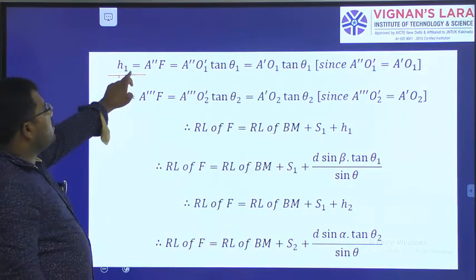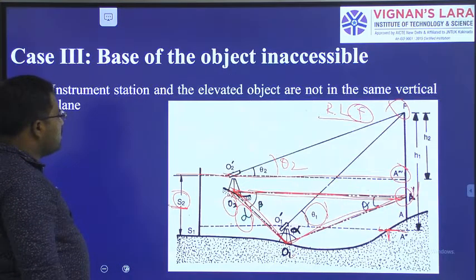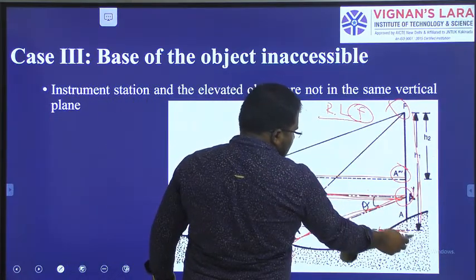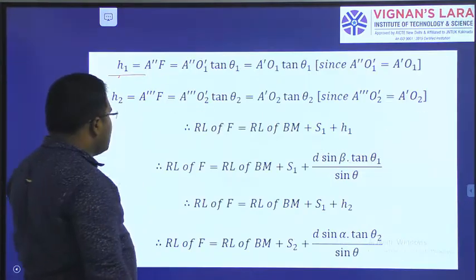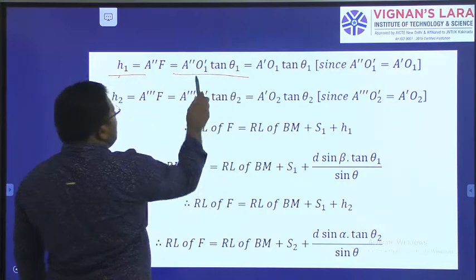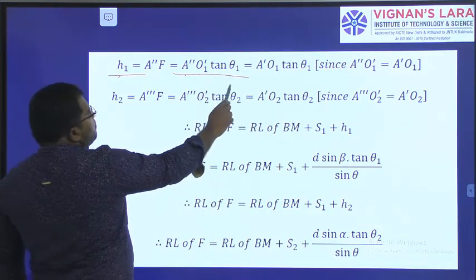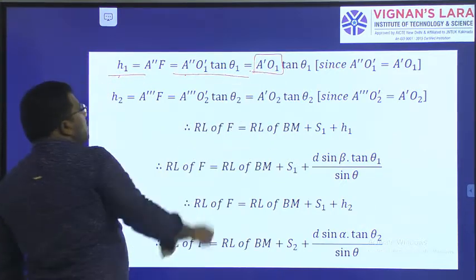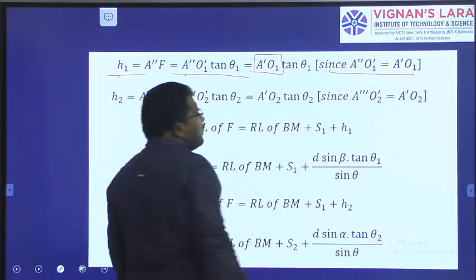Next, H1 is equal to how much? H1 is equal to A double dash F. So here we have A double dash. What is this height? That height will be given by A double dash O1 tan theta 1. This will be written as A dash O1 tan theta 1, because these two values are equal.